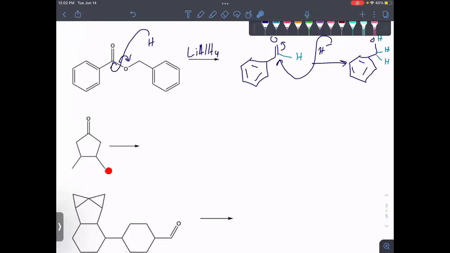All right, what are we doing with this molecule? NaBH4, because it's a ketone and it turns into what kind of alcohol? Secondary. So we just draw the exact same thing, but the ketone is now an alcohol.